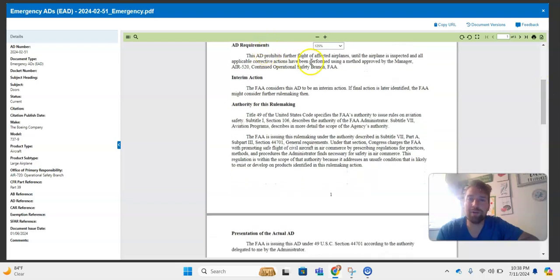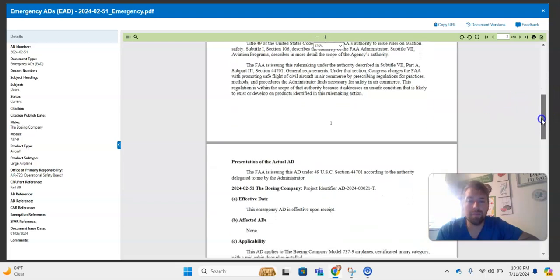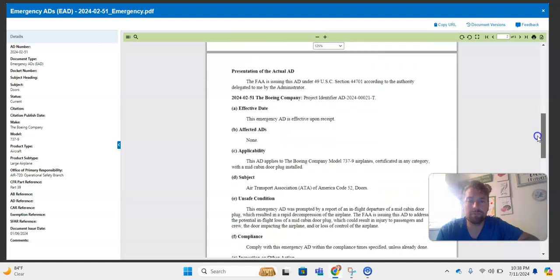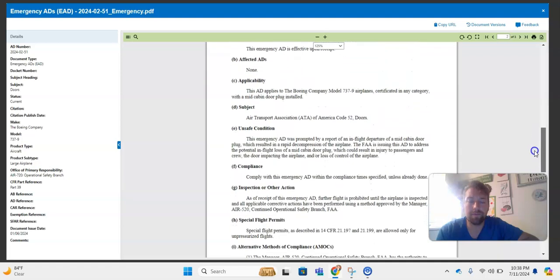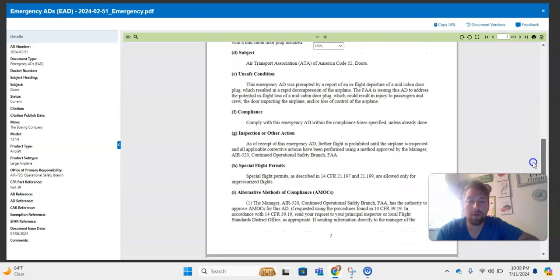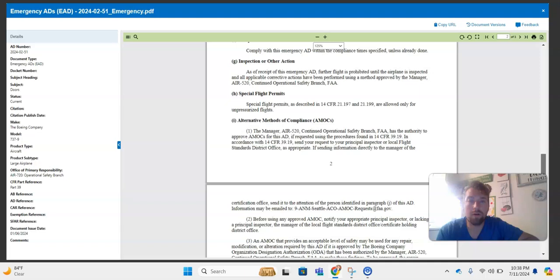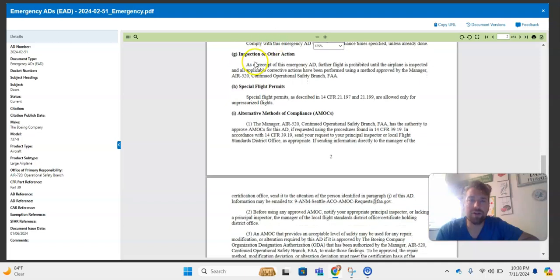So they're prohibiting the further flight of the affected planes. Let's see, inspection or other action. What actions do we need to take here? As of the receipt of this emergency airworthiness directive, further flight is prohibited until the airplane is inspected and all applicable corrective actions have been performed using a method approved by the manager.